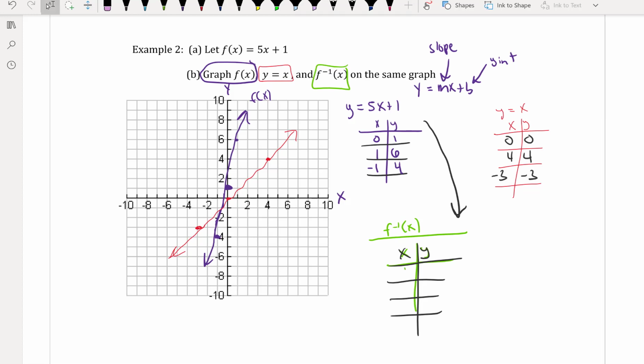So now I'm going to have 1, 0. I'm going to have 6, 1, and 4, -1. So notice how I had to switch x and y coordinates for my inverse function. Okay, so now I have 1, 0, which is here. I have 6, 1, which is here, and I have 4, -1.